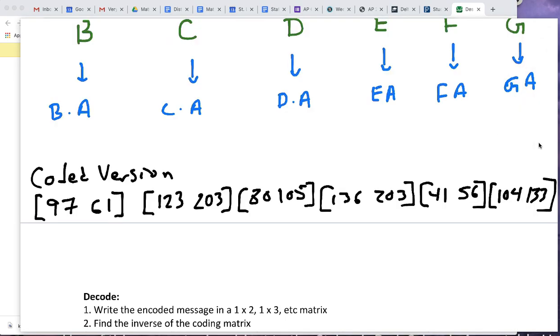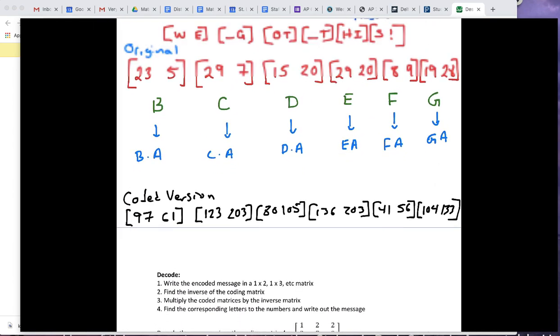Now, if you go back here and look at what we have, if we think about our original string of numbers, if we put them all together, we wrote it down as 23, 5, 29, 7, 15, 20, 29, 20, 8, 9, 19, 28.